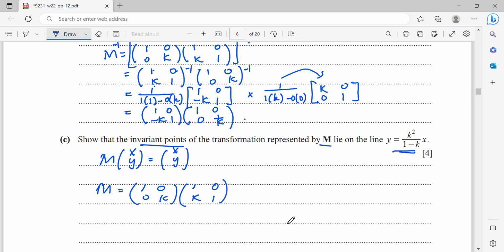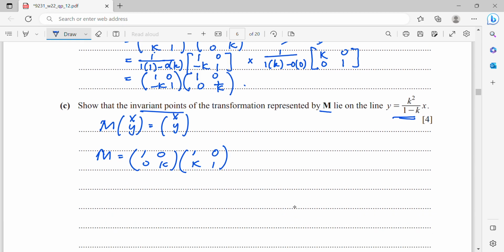So when we do the multiplication, 1 times 1 is 1, plus 0 times k is 0. Then 1 times 0 is 0, plus 0 times 1 is still 0.